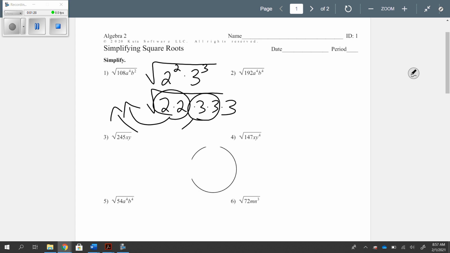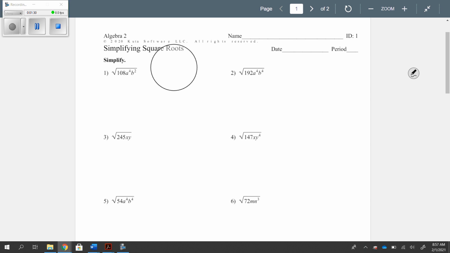But there are also letters involved, so I'm going to show you from the beginning. Okay, so we have the square root of 108 times a to the fourth times b to the second. Again, in your TI Inspire, if you do menu 2, 3, then you type in 108.